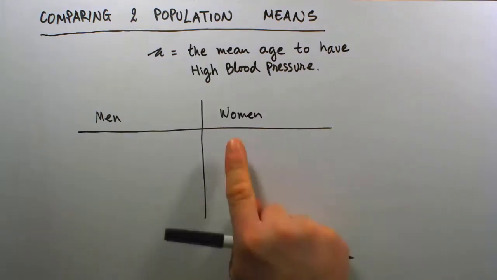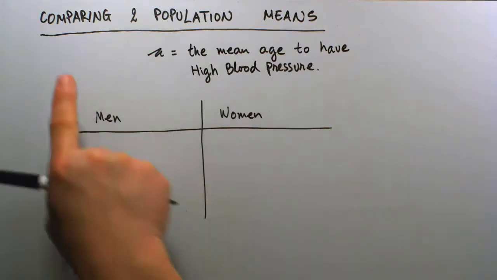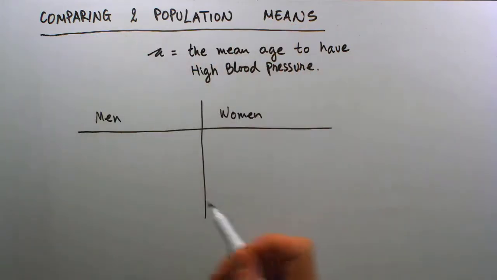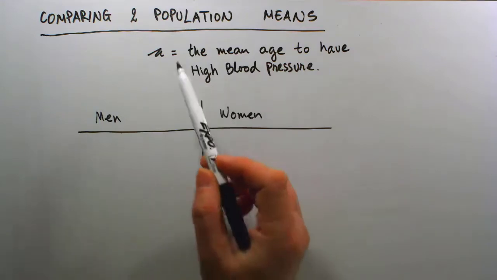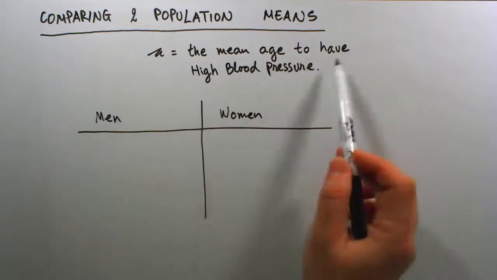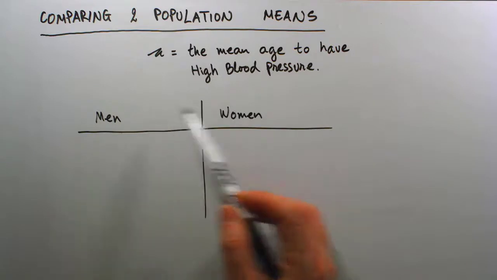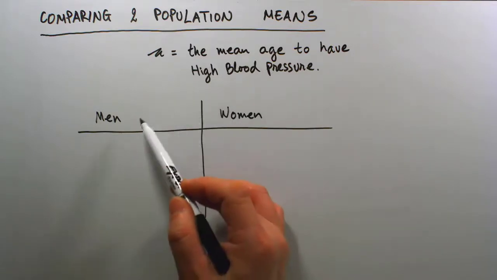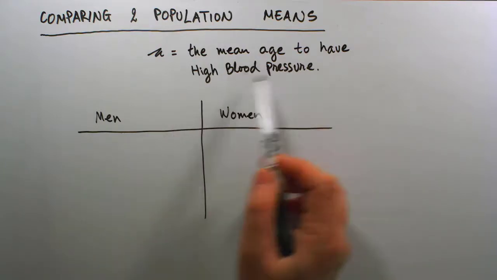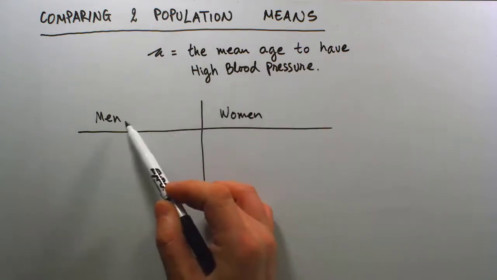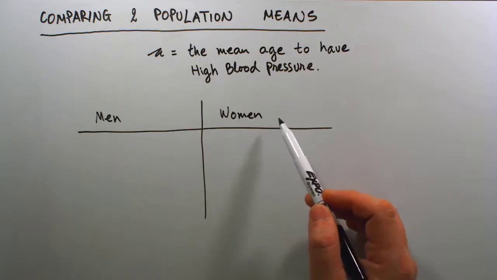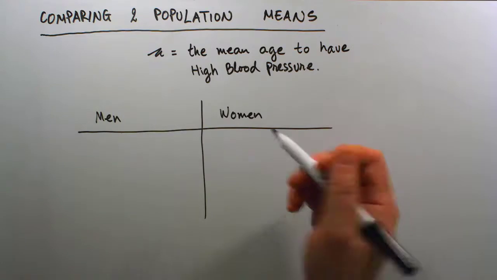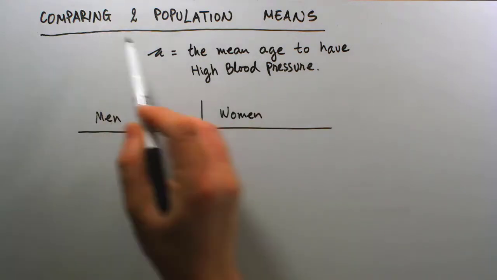That's at least the beginning idea of what it means by comparing two population means. Once we have isolated the same mean age to have high blood pressure into two separate populations, we can start asking questions such as: is the mean age to have high blood pressure in the man population higher than that in the woman population, or the other way around? That's what it truly means by comparing two population means.